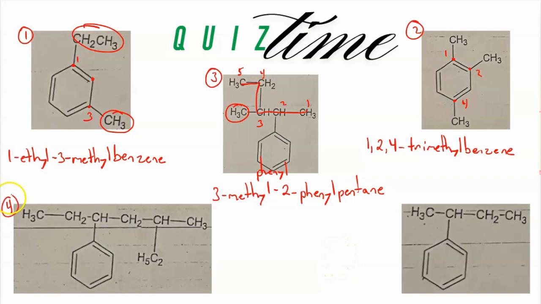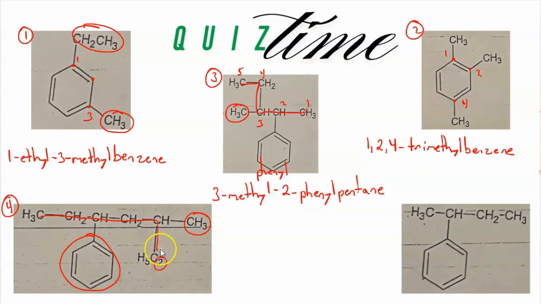All right, number 4. Similar, we've got a nice long chain. You have to be careful in this one. The chain's going to go down here because they're saying there's 2 carbons. And then we have a methyl group and a phenyl group. We're going to prioritize the methyl group alphabetically, so we're going to start counting from this end. This is where you have to be careful.